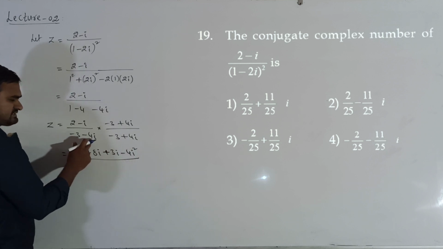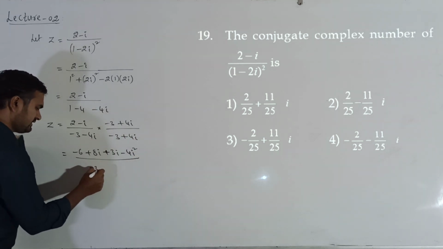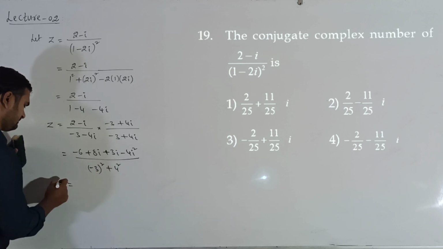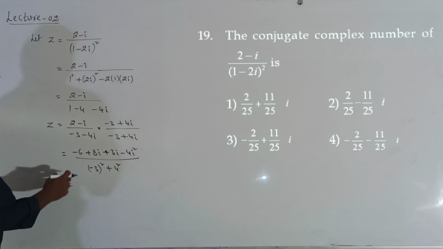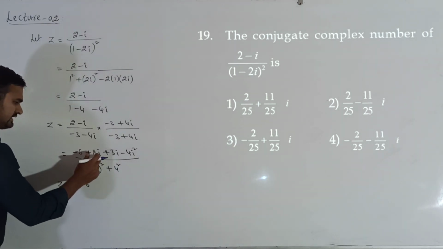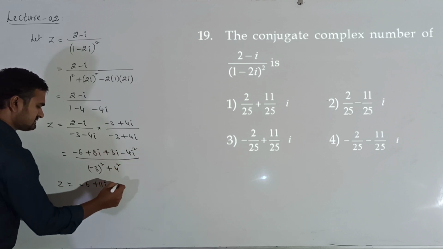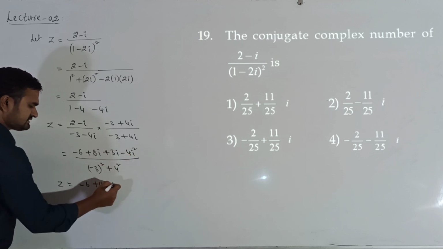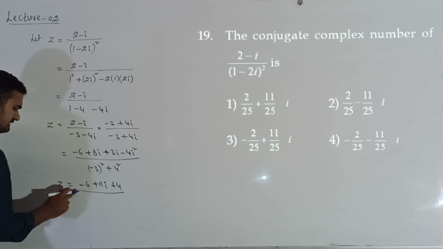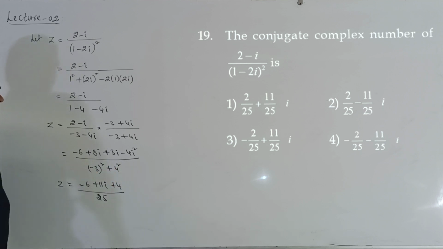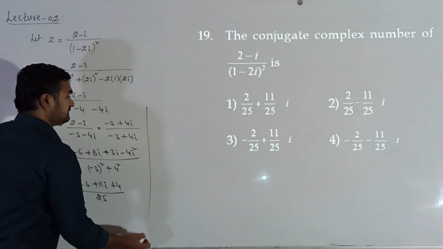The denominator, a minus ib into a plus ib, we can write as a square plus b square. So z is minus 6, 8i plus 3i, 11i, minus i square is minus 1 into minus, plus 4, divided by 9 plus 16 is 25. So what will be z now?